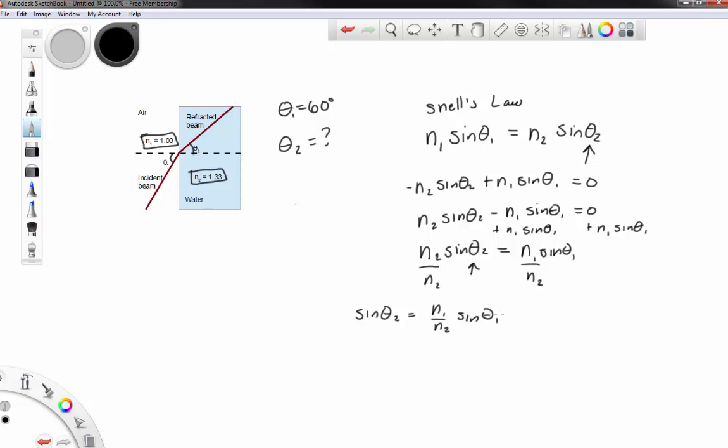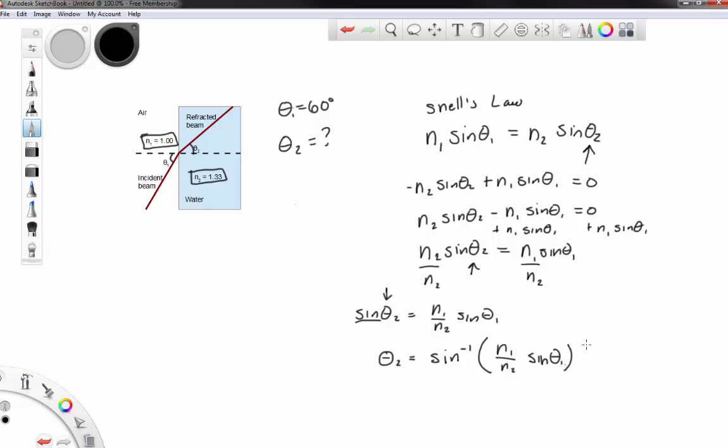Now, the way that you get the angle theta 2, if you're given the sine of the angle, is you take what's called an arc sine or an inverse sine. That means that theta 2 is going to be inverse sine of N1 over N2 sine theta 1.